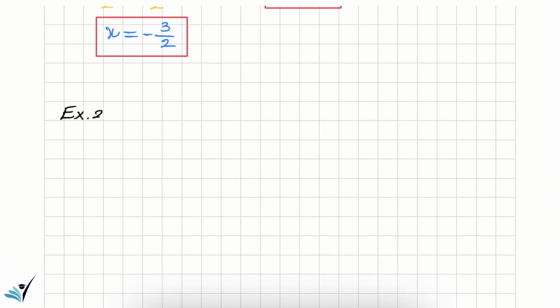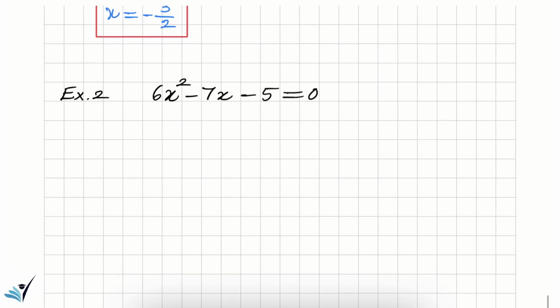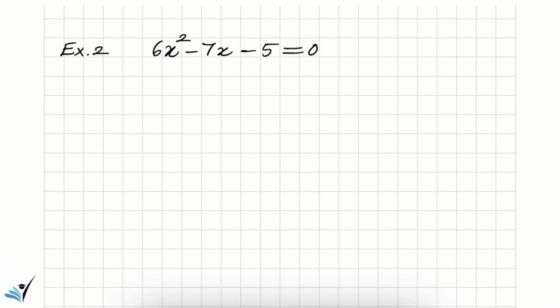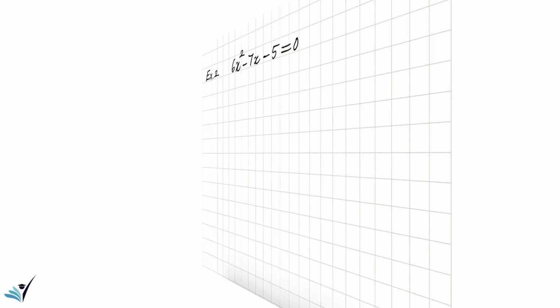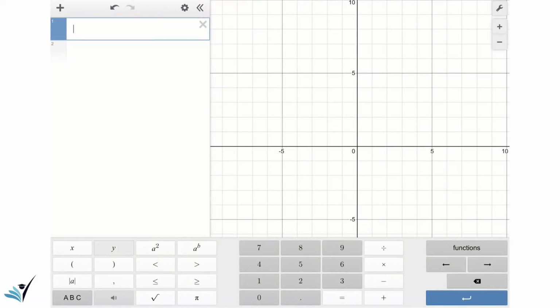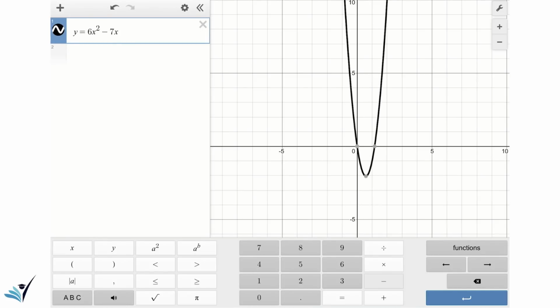Example number 2, the expression is 6x squared minus 7x minus 5 equals 0. Similar to the previous example, I'm going to graph this first. So let's head over to Desmos. Our expression is y is equal to 6x squared minus 7x minus 5.